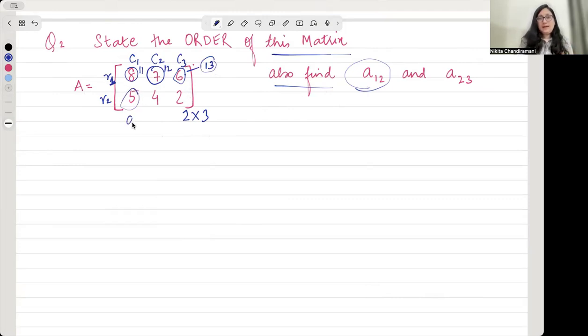This is A21. This is A22. And this is A23. Now they want A12, which is 7. Next, A23. So A23 is this one, so 2.